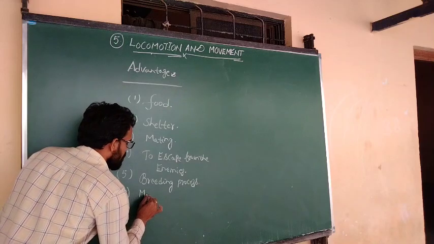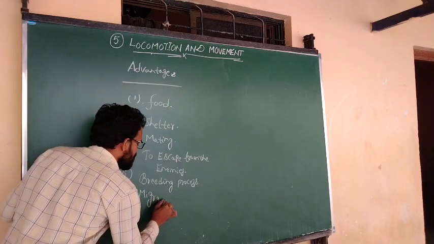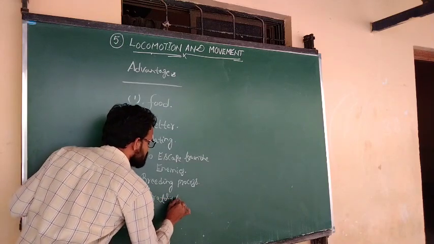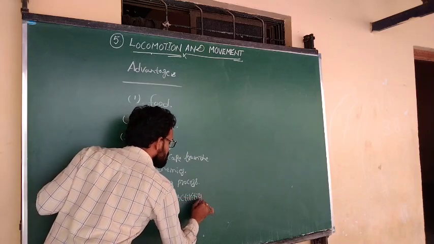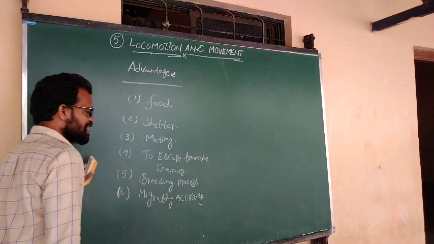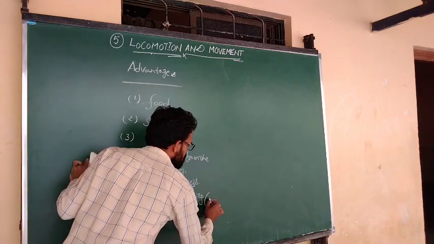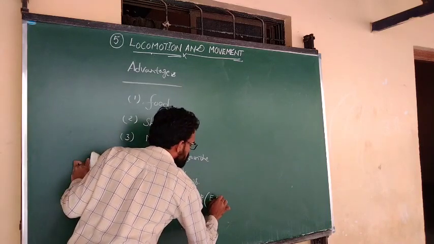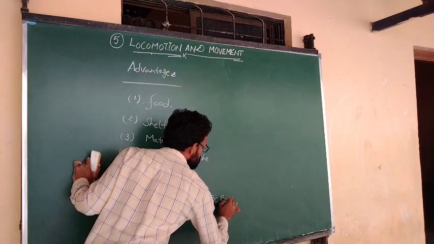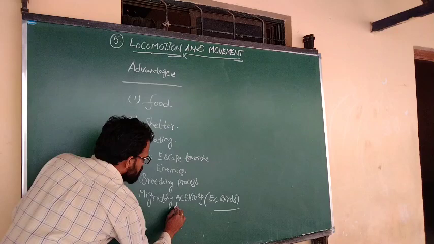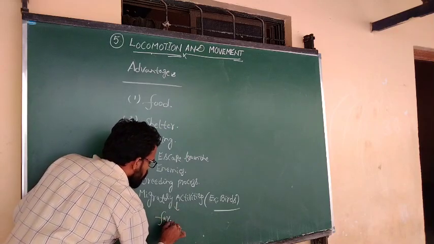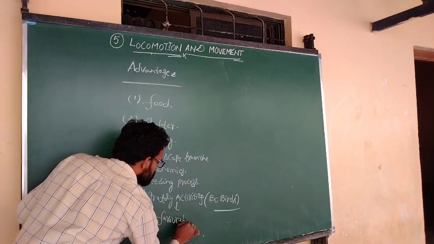This is known as migratory activities. The best example of migratory activities is birds, moving to favorable conditions.